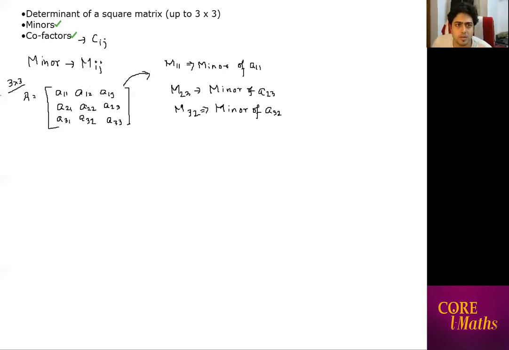So let's say for the 1 1 element, just leave that row and that column.